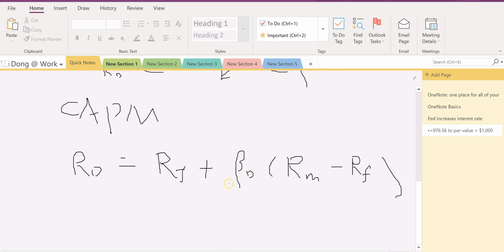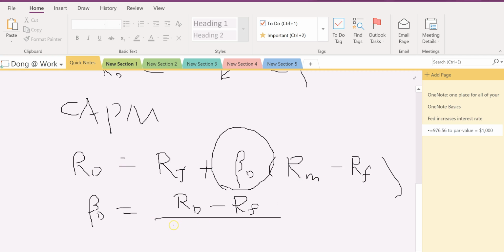So then we can back out this beta D by solving this equation here. So beta D must be equal to, moving this RF to the other side, RD minus RF, and then we divide both sides by this RM minus RF.